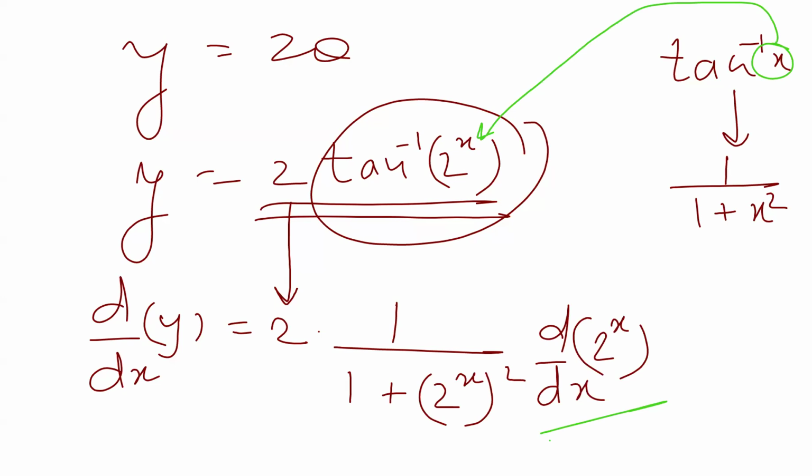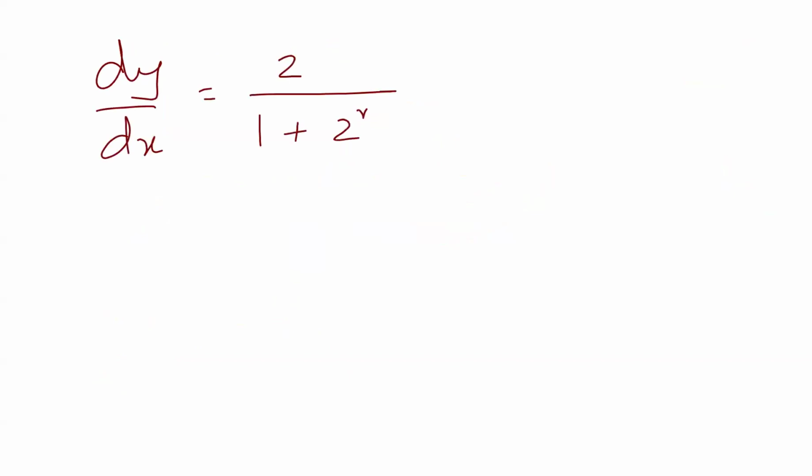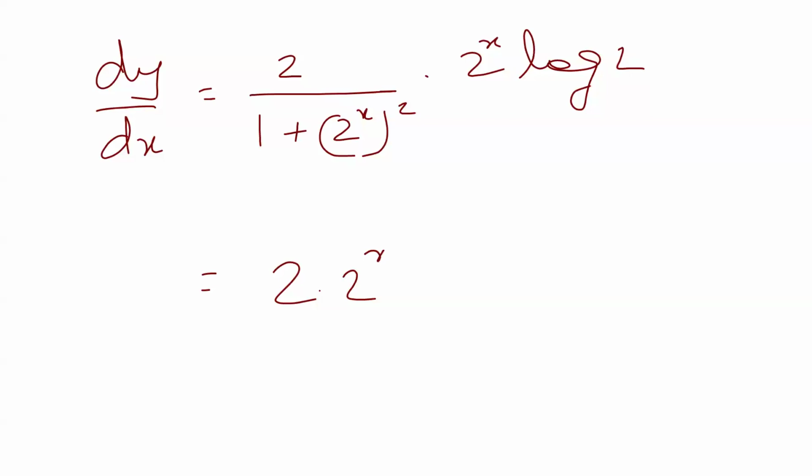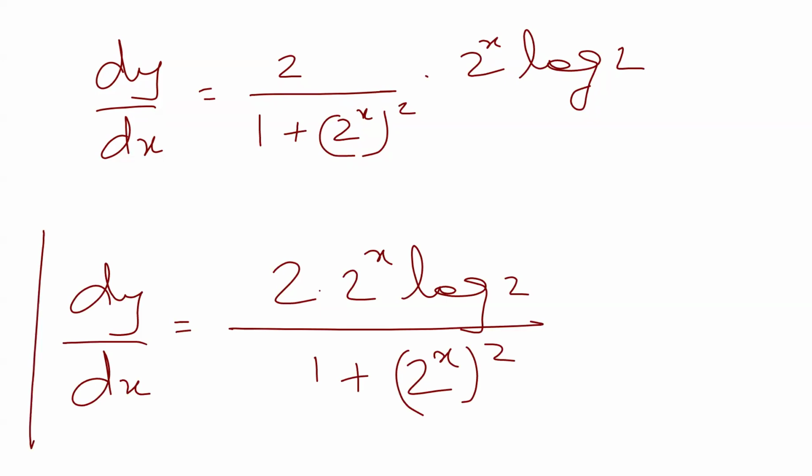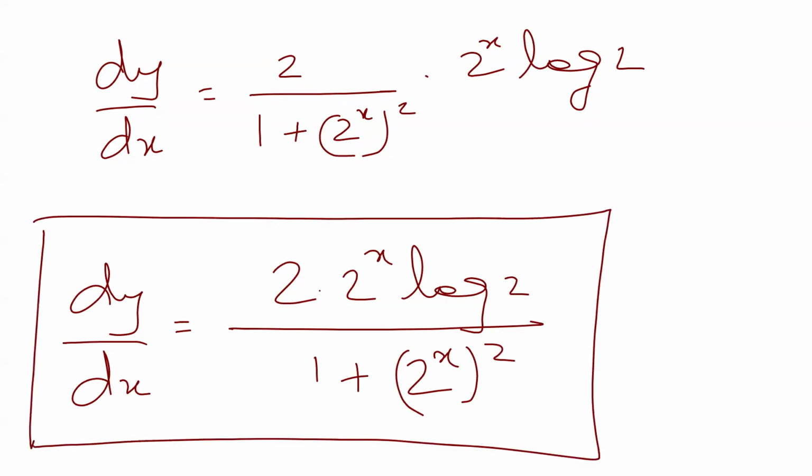Now 2 raised to x derivative is 2 raised to x log 2. So dy by dx is equal to 2 upon 1 plus 2 raised to x the whole square, into 2 raised to x log 2. So 2 into 2 raised to x log 2 upon 1 plus 2 raised to x the whole square. This is the final answer. You need not simplify after this because it is almost the final answer. There are a few things we can do over here, but we can stop here.